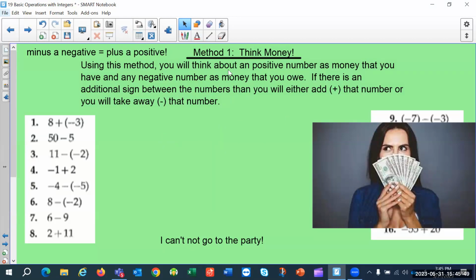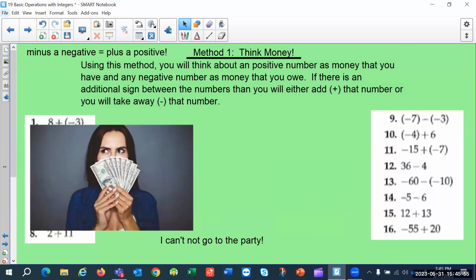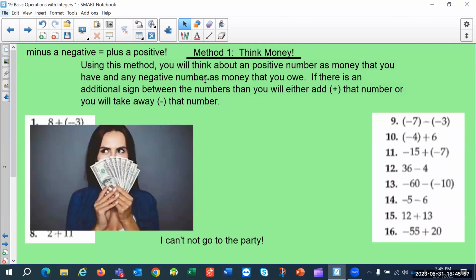All right, hopefully everybody got that one right. Moving over, got some with slightly bigger numbers. Doesn't make that much of a difference. So number 9, -7 minus, parenthesis, -3. Now remember, that parenthesis is just there to keep these two signs from running into each other.